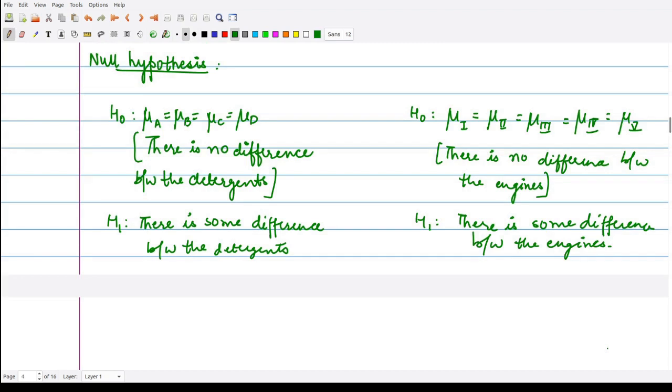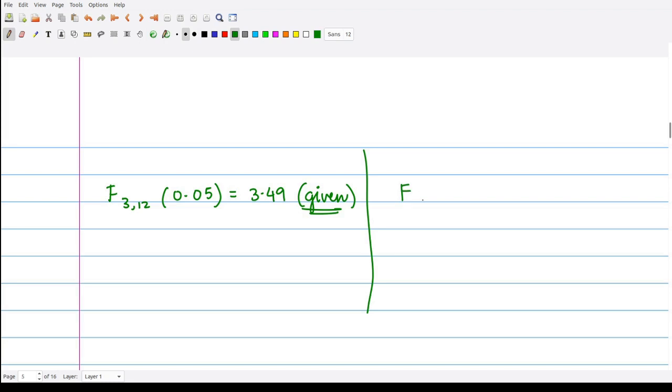So here our comparisons would be made when you have the value F 3,12 at 5% level of significance. This value is equal to 3.49. This is given to you in the question, or you could refer to the table for this, right? This is for detergents, and similarly for engines, we are given the tabulated value to be 3.26.